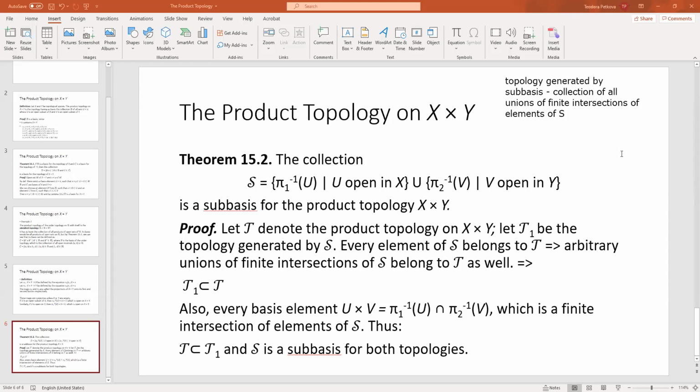So our topology will be like unions of all of these rectangles. We have to imagine it. A union of rectangles.